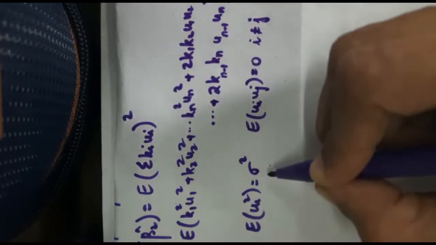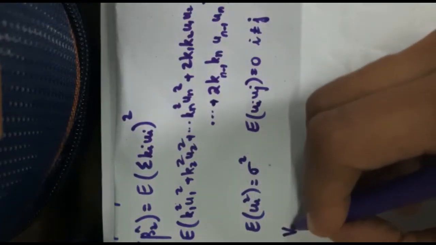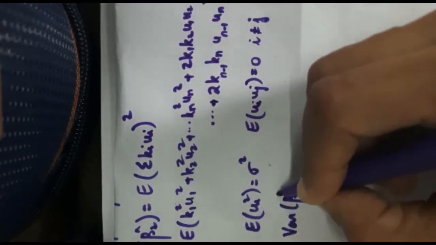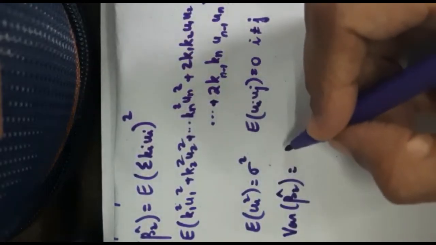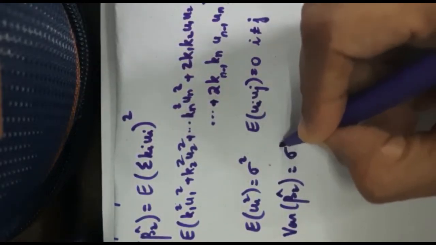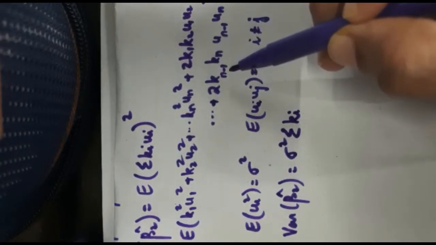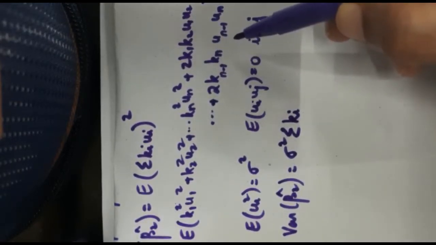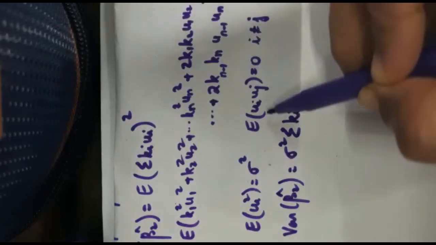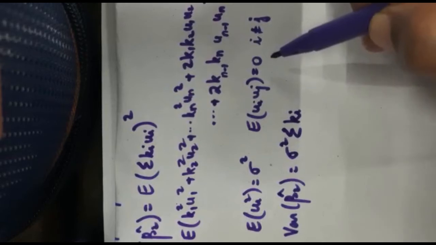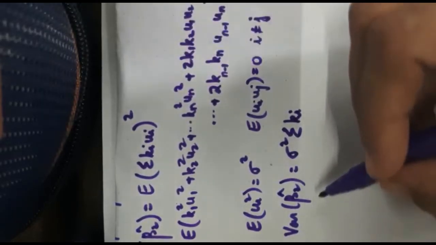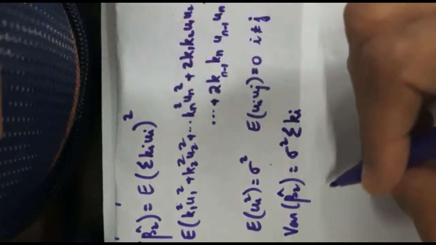So, making use of the assumption of homoscedasticity, I can say that the variance of beta 2 hat is equal to sigma squared times summation ki squared. Remember, all these terms where ui and uj are interacting became equal to 0 when I took the expectation because of this no autocorrelation assumption. Sorry, there's a square here.